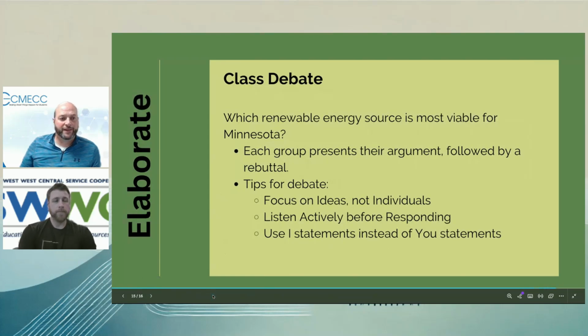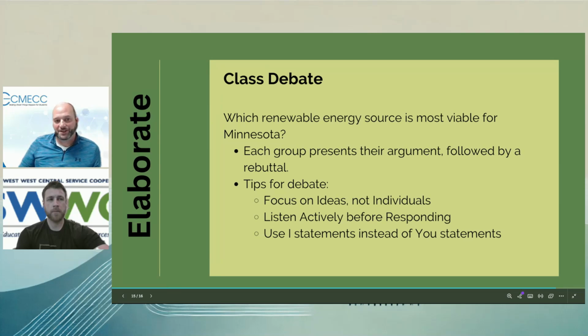You could then bring the class back together to elaborate, or have a debate, where each group, after presenting what they learned, discusses why they think wind, solar or water would be best. I asked ChatGPT to give me some tips for this debate to make sure students are debating appropriately.